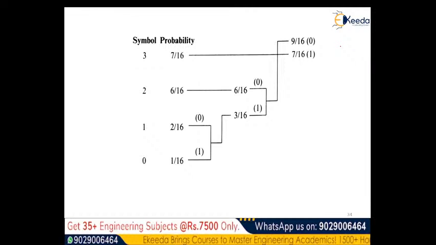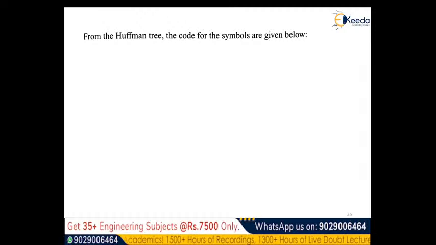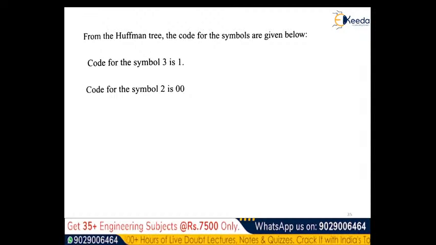And now we can note down the coding from this Huffman tree formation. We have the code for the symbol denoted by the pixel value 3, which is equal to 1. Next, the code for the symbol denoted by the pixel value 2 is equal to 0 0.